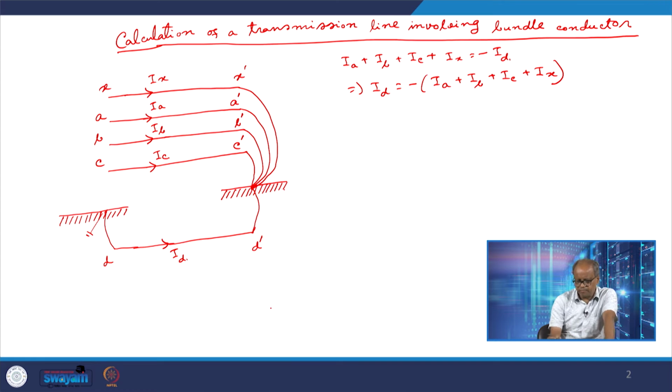And then for these 5 conductors, if I write down the voltage equations, I can write Va minus Va dash, Vb minus Vb dash, Vc minus Vc dash, Vx minus Vx dash, and Vd minus Vd dash.